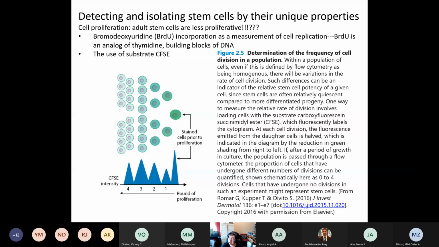The other is using unique features of the membrane, the side population cells. And third is we use the feature of cell proliferation to capture stem cells. And I briefly mentioned using cell culture to capture the cell spheres. Okay, that's another way to do it.